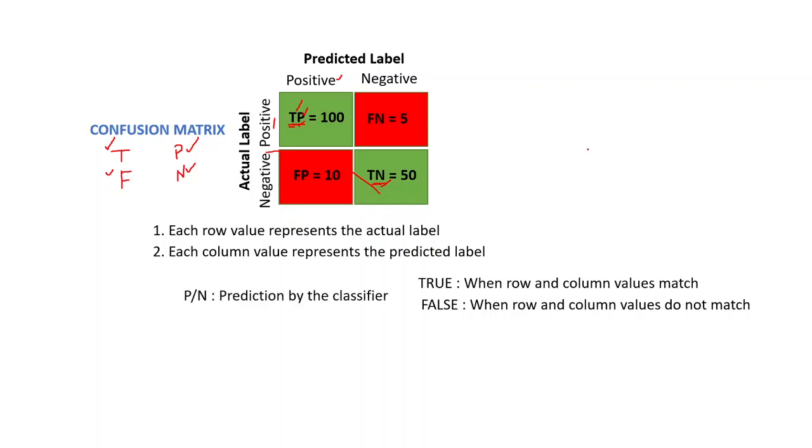So now this is what you actually need to remember. If we say that this is false negative, it would mean that the predictor said this is a negative example, but that did not match the actual label, so the actual value will be positive.